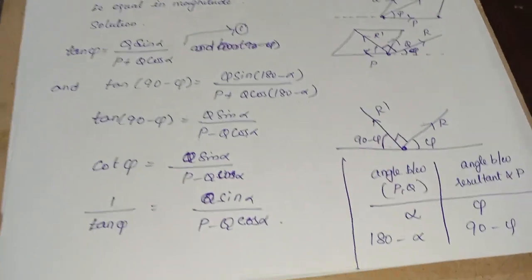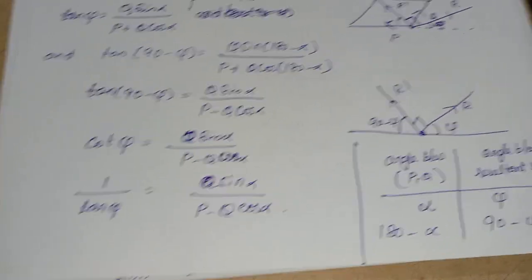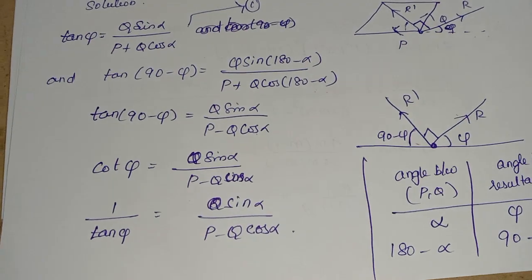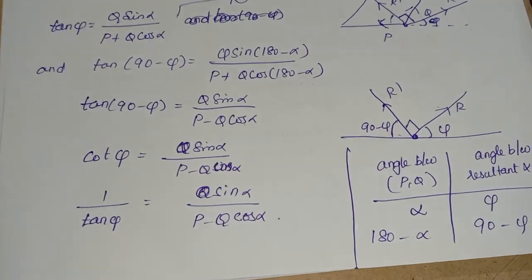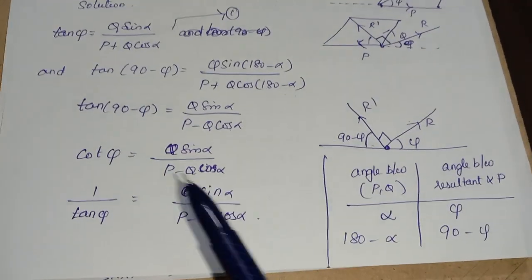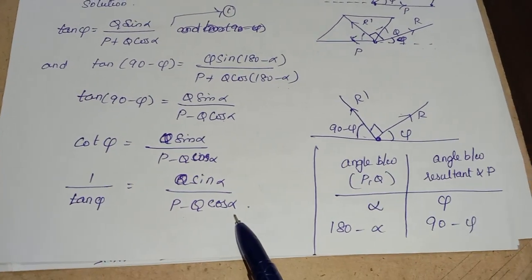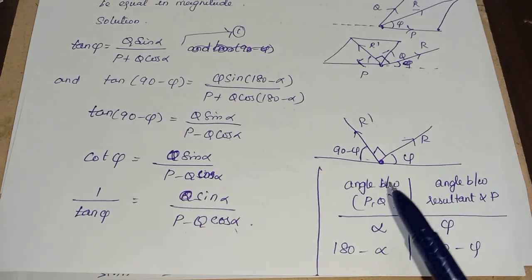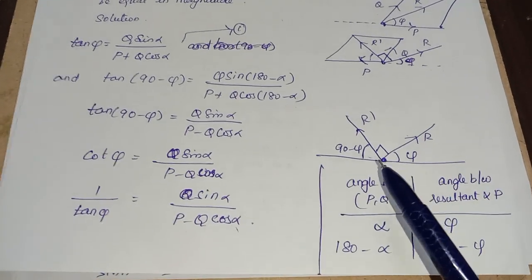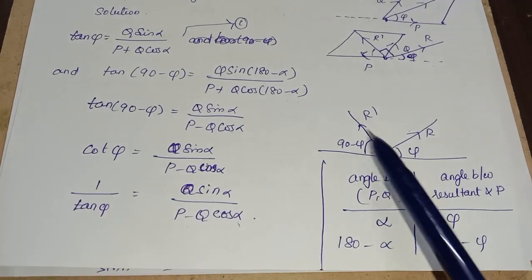What is tan of 90 minus phi? Cot phi. So cot phi equals q sin alpha by p minus q cos alpha. Now cot phi can be written as 1 by tan phi equals q sin alpha by p minus q cos alpha. For your better understanding, I have drawn a figure here. This is my R and this is my R dash, the new resultant.